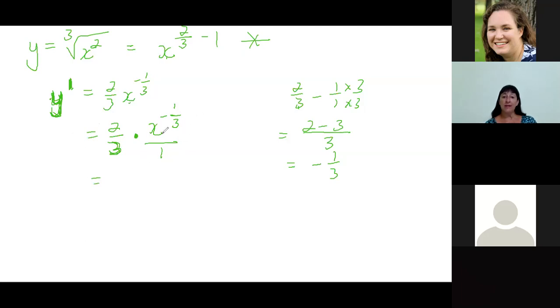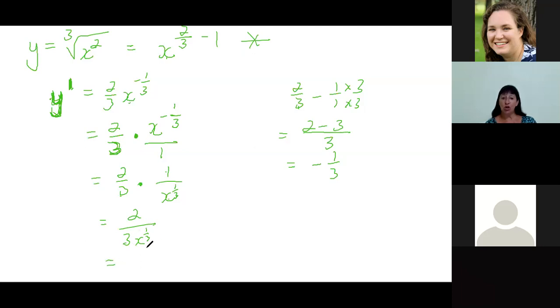And remember, with negative powers, we dive under. So it will be 2 over 3 times 1 over, there's an invisible 1 there, 1 over x to the plus a third. And how do I multiply fractions? Numerator times numerator over denominator times denominator.